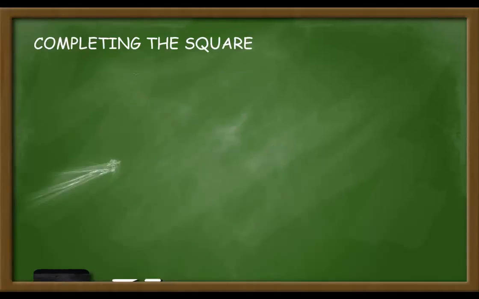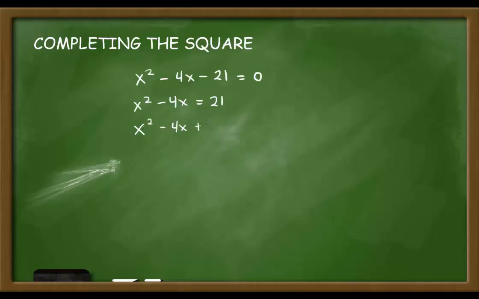For our example in completing the square, we have x squared minus 4x minus 21 is equal to 0. We must isolate the x terms, so it will become x squared minus 4x is equal to 21. Then we will find the square of half the coefficient of x, which is 4. So it will become x squared minus 4x plus 4 is equal to 21 plus 4.